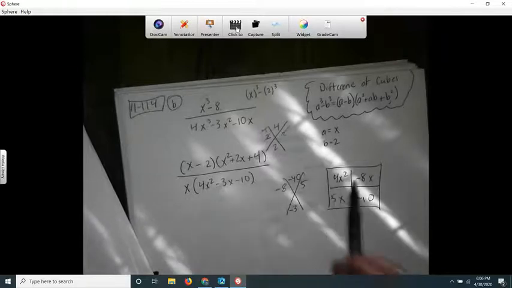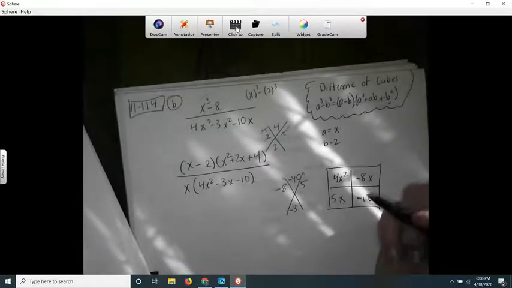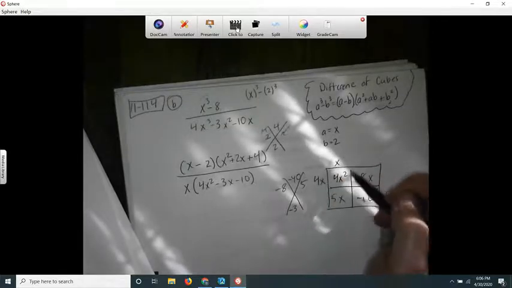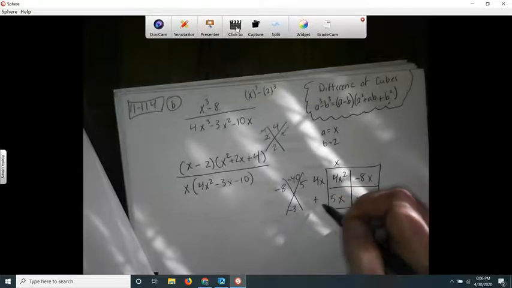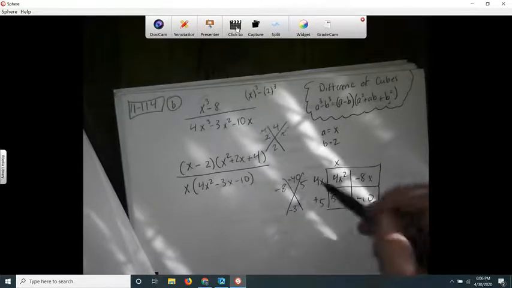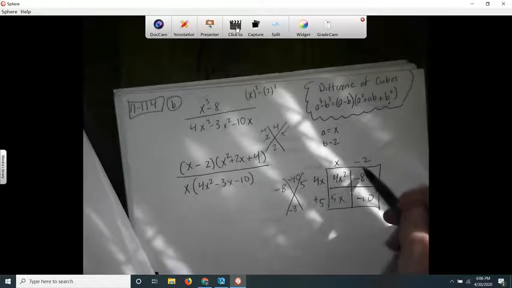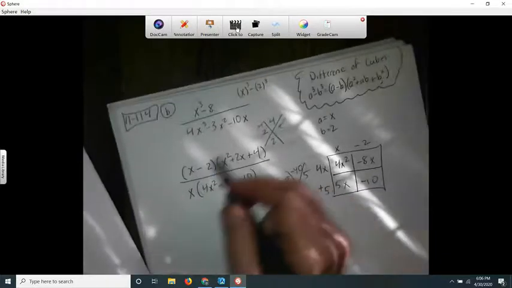And then I'm just going to use my area model. So I think I'm going to do 4x here and x, because that times that has to equal that. Does that work? Oh, I got my x minus 2. So now I'm going to just rewrite the whole thing.